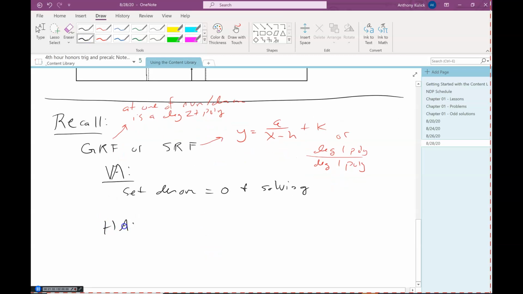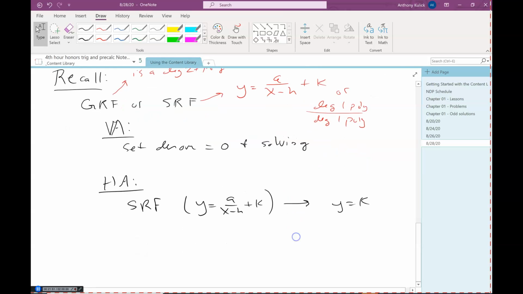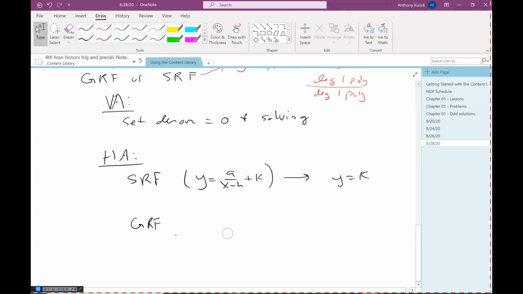The horizontal asymptote for a simple rational function in this form is just y equals k, right? You guys remember that? For a general rational function, it was a little bit trickier.